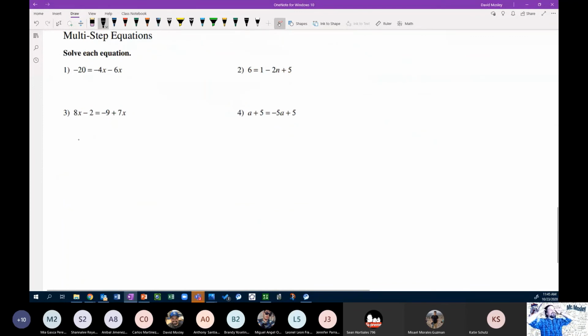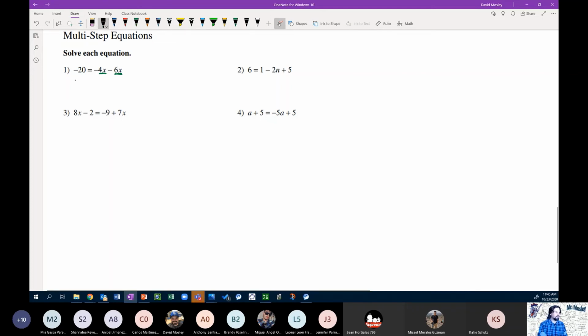In our multi-step equations, we have what are called like terms. Right. We see this in the first example here. On the right-hand side of the equal sign, we have two terms that both have the variable x. Since they both have the same variable, I can combine those into a single term.